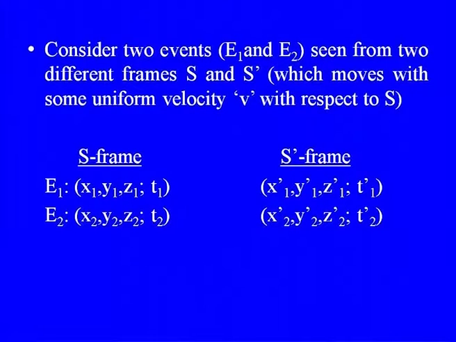Correspondingly, these two events occur in the primed frame at x1 prime, y1 prime, and z1 prime, at time t1 prime, and then the second event occurs at the positions x2 prime, y2 prime, and z2 prime, and at time t2 prime.